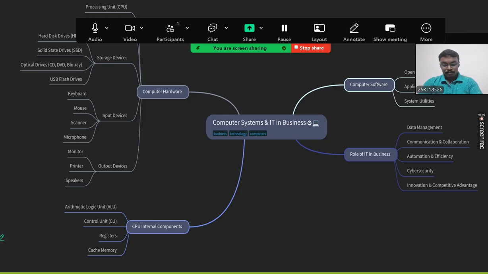Now let's talk about RAM and ROM, which are very important in the computer hardware system. RAM is random access memory. RAM is volatile, and it loses data when the power is off. It's a high-speed memory where operations are mainly done.